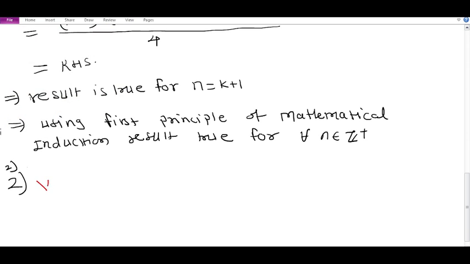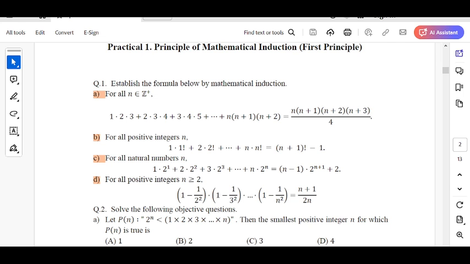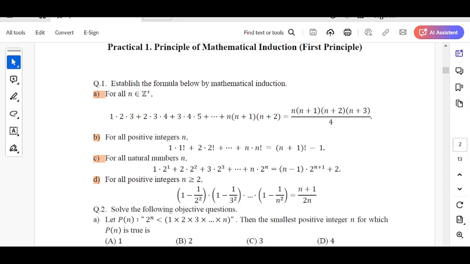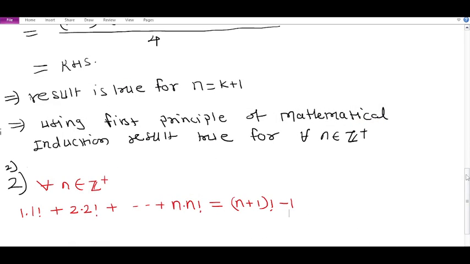Again, for every positive integer, we want to show that 1 into 1 factorial plus 2 into 2 factorial plus ... plus n into n factorial is equal to (n plus 1) factorial minus 1. We want to check one more time, is it true? (n plus 1) factorial minus 1. Okay, this is what we want to show here.